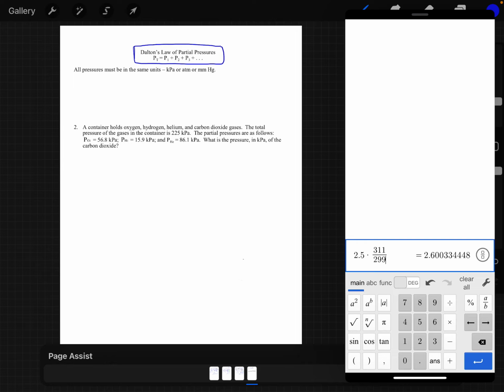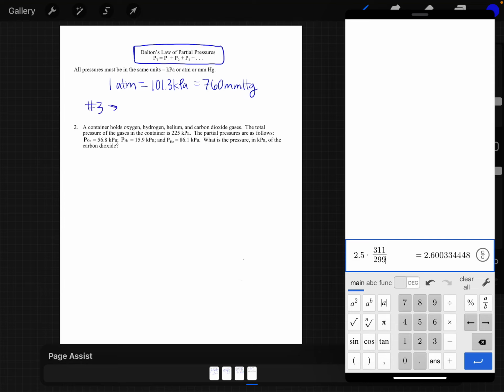Okay, something you might need to remember, you might want to write this at the top of your paper somewhere to remind yourself: 1 atmosphere is equal to 101.3 kilopascals, which is equal to 760 millimeters of mercury. And the problem I'm about to do with you, you aren't going to have to use those. But I believe it's number 3.